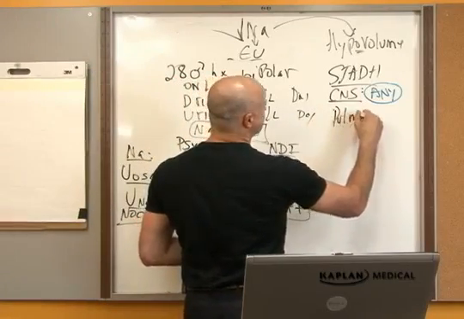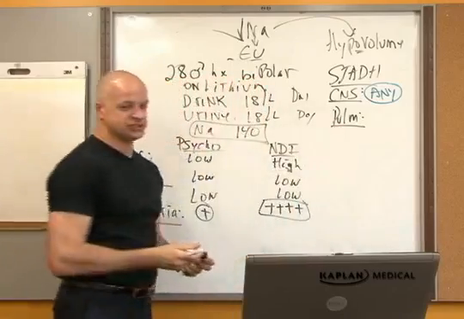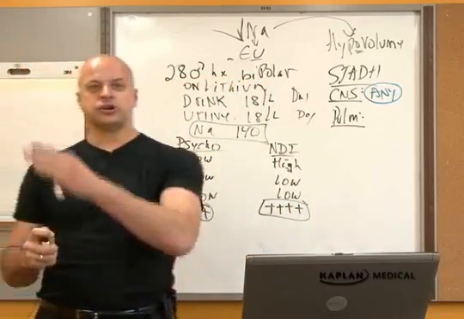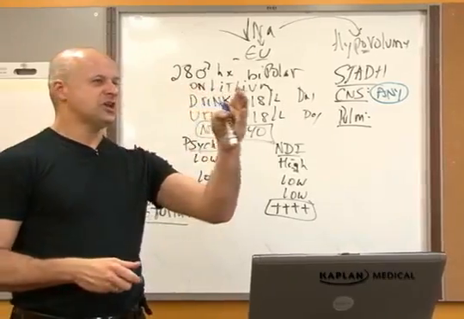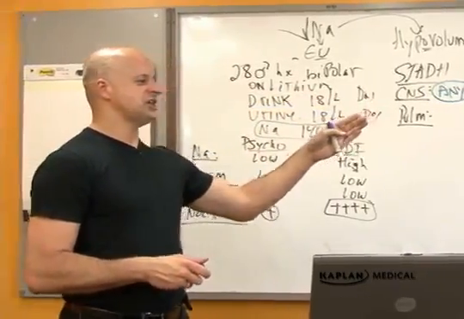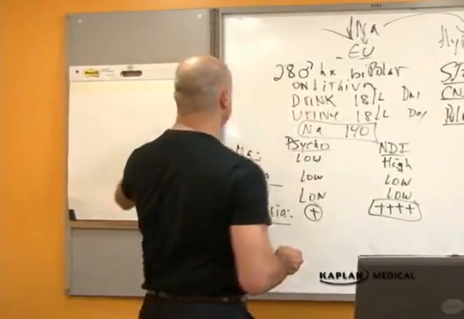What in the lung can cause SIADH? Pneumonia, TB, bronchitis, bronchiectasis, lung abscess, sarcoidosis, atelectasis, pneumothorax.